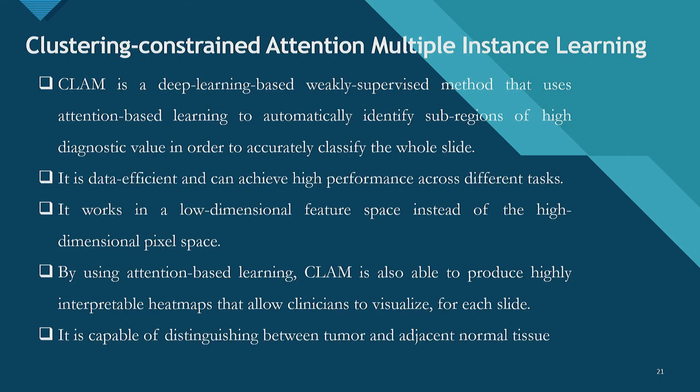We only save the features, not the pixels and images. Because of this functionality, it is faster and also efficient. It can also be used for multi-class classification, and it is capable of distinguishing between tumor and adjacent normal tissues.